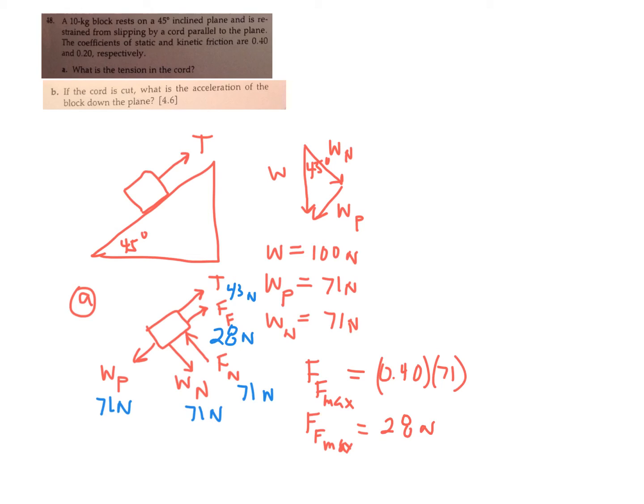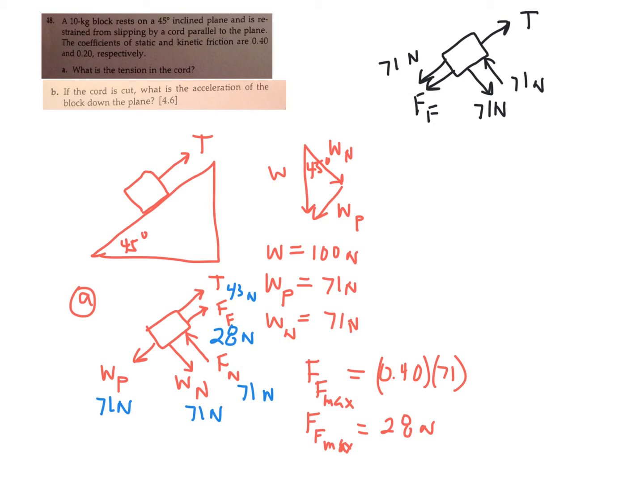So here's the bonus part of this before I go to part B. Let me draw a new diagram. If I pull hard enough such that the impending motion is up the ramp, the static frictional force will be down the ramp. So it would look like this. Up here in the black diagram, I have the scenario.